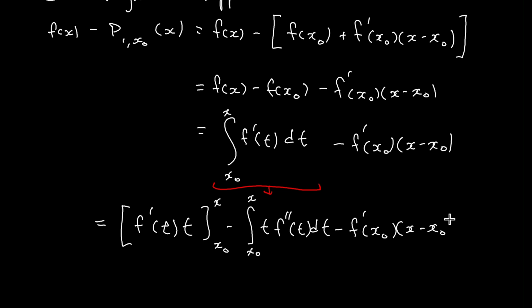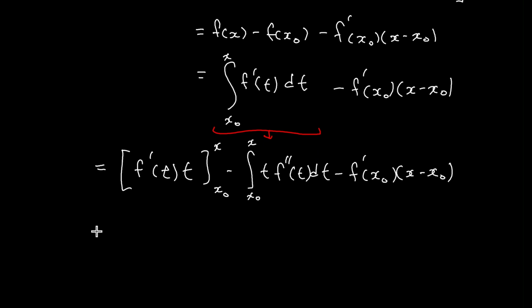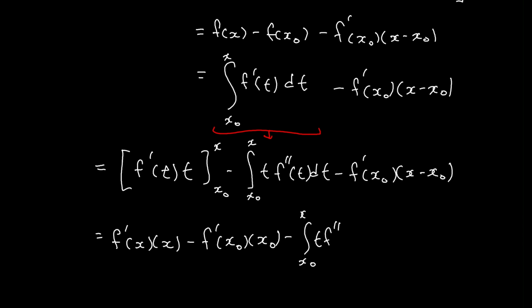Now I'm going to expand the brackets to get f prime of x times x minus f prime of x0 times x0 minus the integral from x0 to x of t f double prime of t dt minus f prime of x0 times x minus x0.